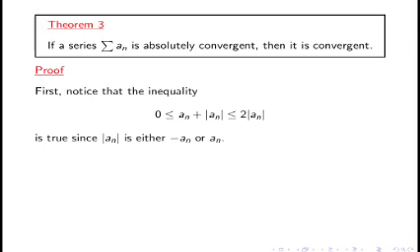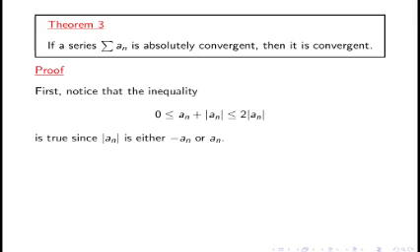If a_n is positive, then a_n is equal to the absolute value of a_n, in which case a_n plus its absolute value being less than or equal to 2a_n is obvious, it's equal to it, and it's greater than 0 because we assume that a_n is greater than 0. Alternatively, if a_n is negative, then a_n plus its absolute value will give us 0, in which case the inequality on the right hand side also holds.